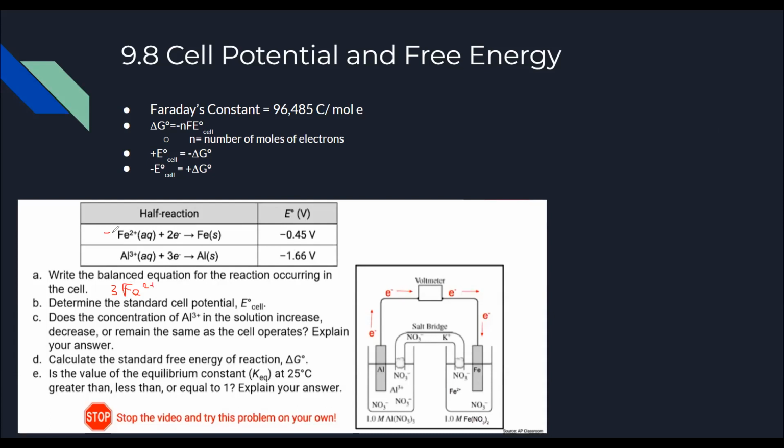You have to multiply these by 3, and then you have to flip the other and multiply by 2. So plus 2Al. And as there's 6 electrons, you can cancel these out. They don't apply anymore. Makes 2Al3+ plus 3Fe.